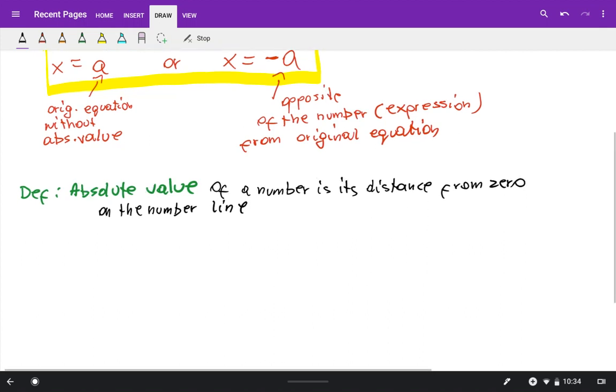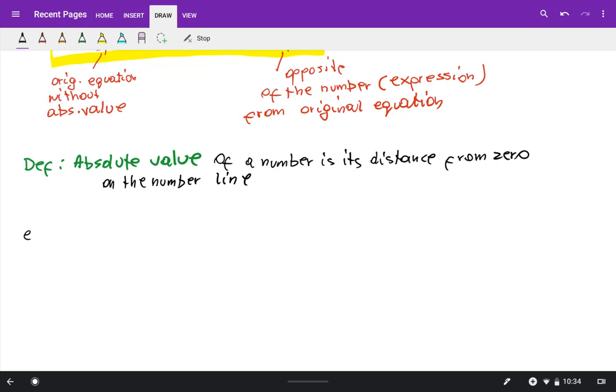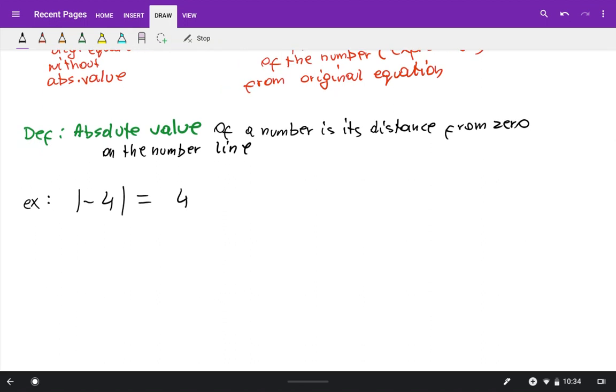So absolute value represents this distance, and that's going to make sense if I show you the example. We all know that the absolute value of -4 has to be positive. So all the time when you see absolute value, the solution has to be positive because the distance is never negative.